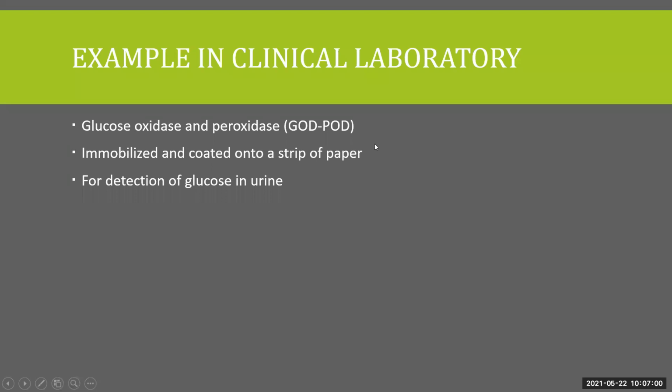This principle happens while we are waiting for color generation. Once the color generation is done, we compare it with a standard comparator to give a semi-quantitative estimation of glucose in urine. So this type of test, where an enzymatic methodology is applied, requires the enzyme to be immobilized. That is the application of immobilized enzymes.